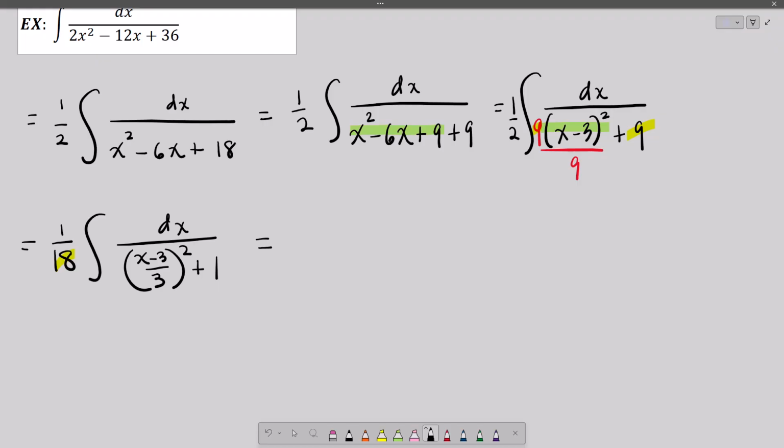Once again, that's in arctan form perfectly. So we can go directly to the antiderivative. And if you didn't recognize it, you could go trig sub with tangent and you would get there quickly. So let's go arctan now. This will be arctan of x minus 3 over 3.